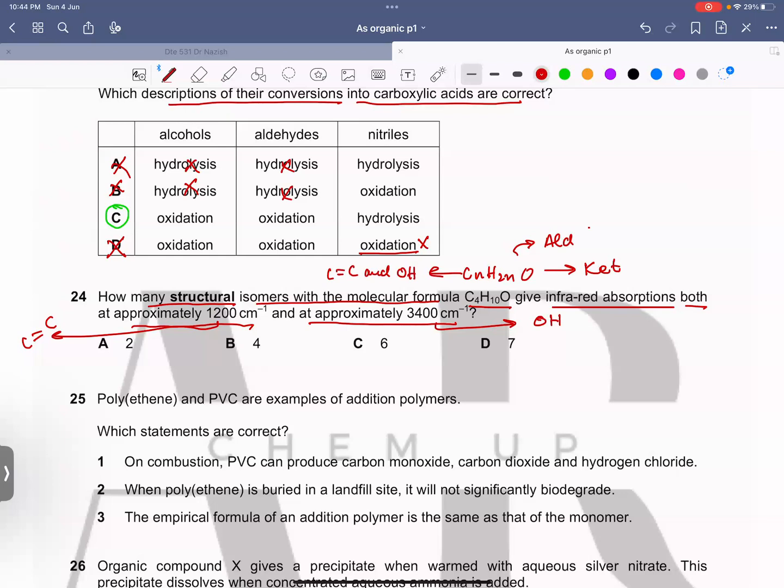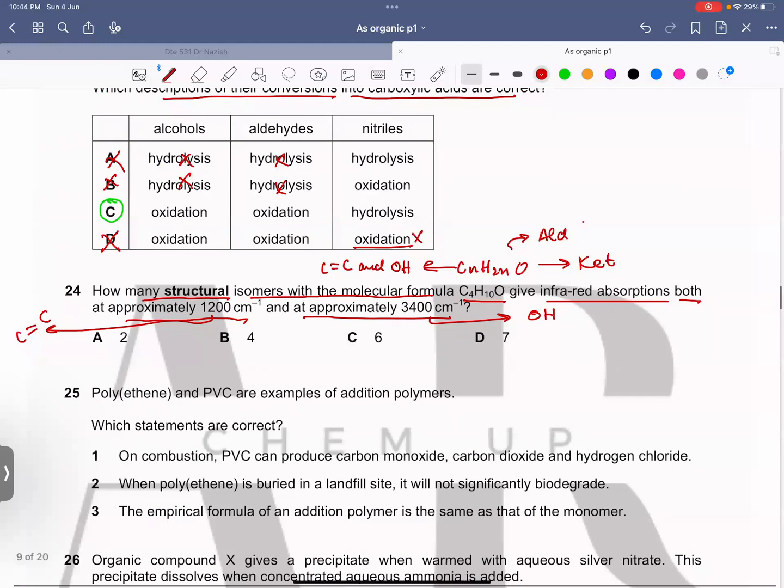So if they are talking about the signals at 3400 cm⁻¹ and 1200 cm⁻¹, then aldehyde and ketone would not be an option.